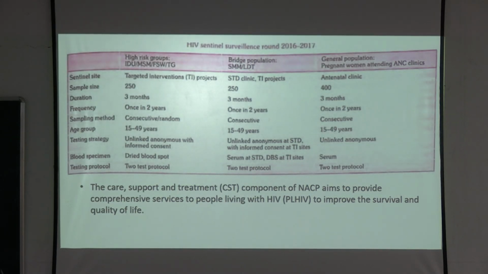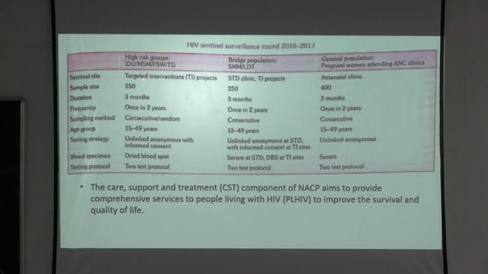SMM is migrant workers and LDT long distance truckers, the most well known bridge population. Okay. And for general population, pregnant women attending ANC clinics. So your next ANC clinic might be a HIV sentinel surveillance, but they will not disclose their status to you.